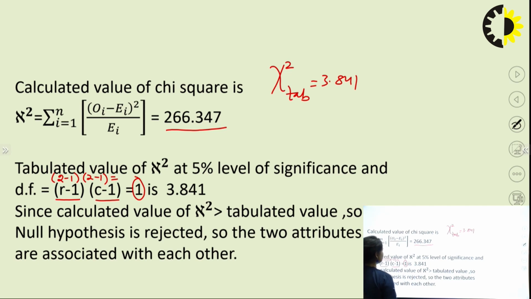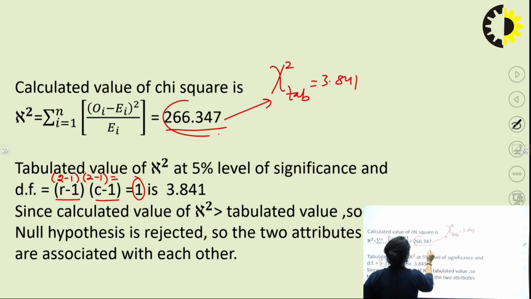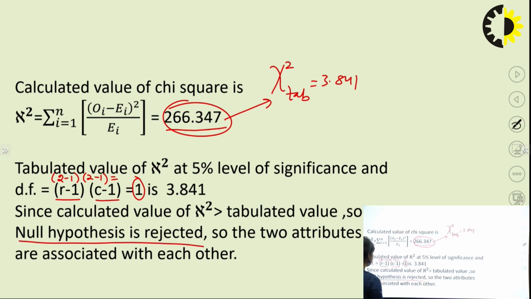So at degree of freedom 1, if we compare this value with this value, this is quite large. The calculated value of chi-square is larger than the tabulated value. So as per our process, the null hypothesis is rejected. That means the two attributes are associated with each other.